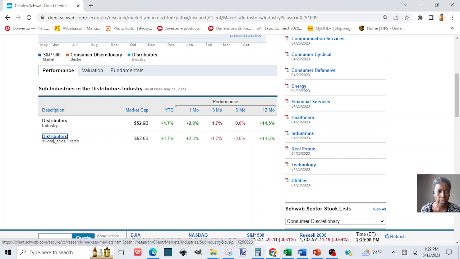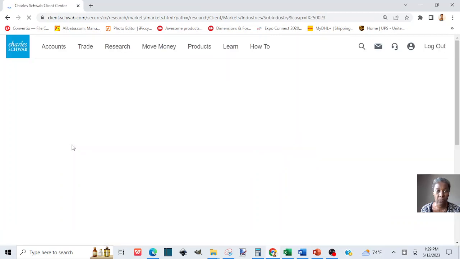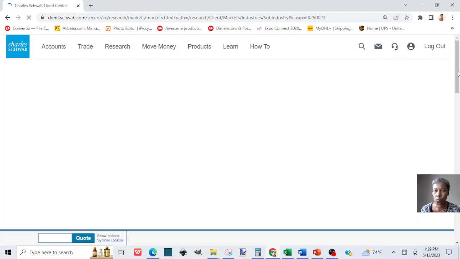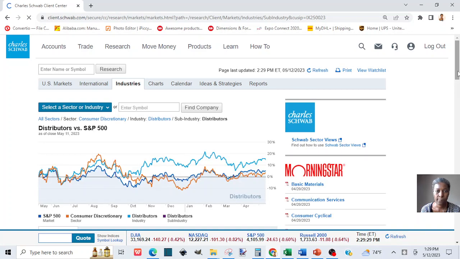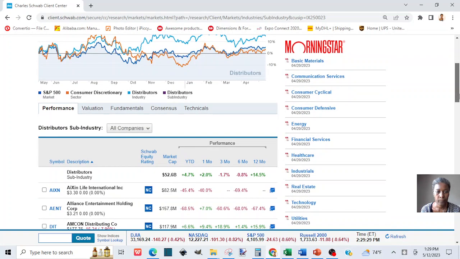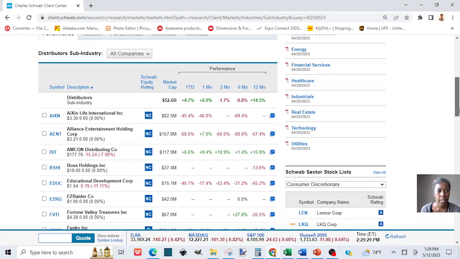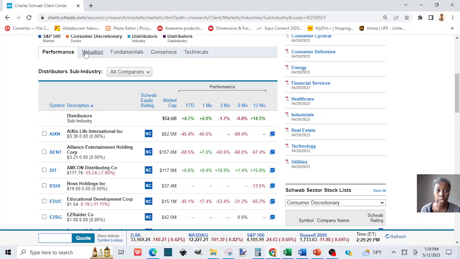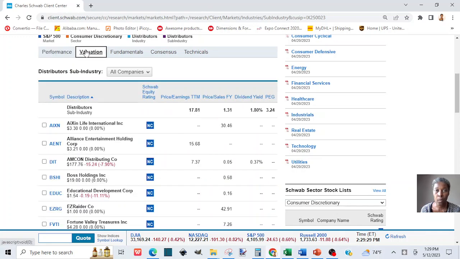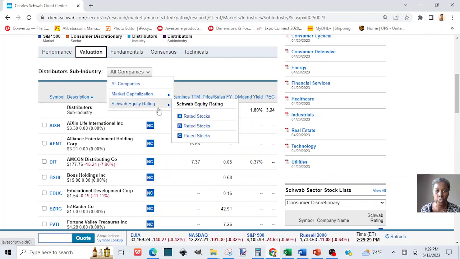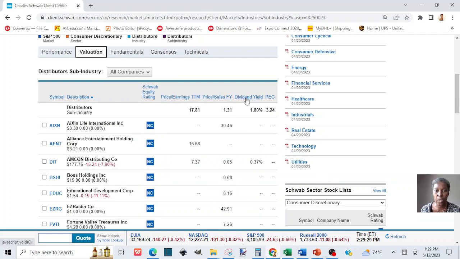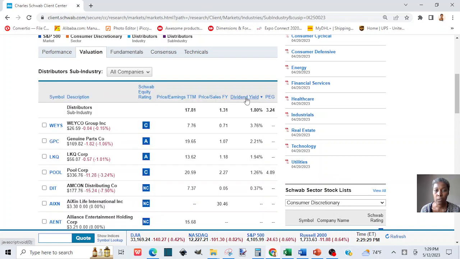So we are going to click on the sub-industry as well to see those 15 companies. And under the distributors, we are going to click on valuation to sort based on valuation, not based on performance. And under valuation, we are going to click on dividend to see the highest dividend.